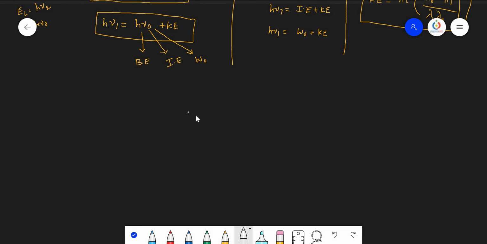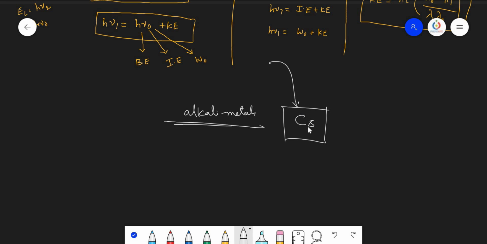It is very simple: alkali metals, because they are the elements with the largest atoms. So their metallic radius is larger, and it is easy to remove the electron. Among them, cesium is the metal that releases the electron most easily, so in most photoelectric devices we use cesium as the metal. If cesium is not available, we use another metal, potassium.